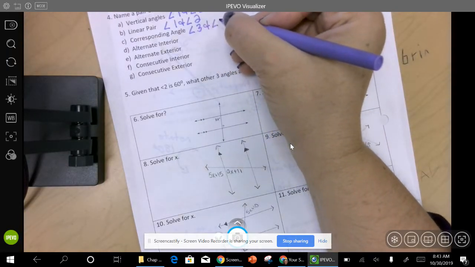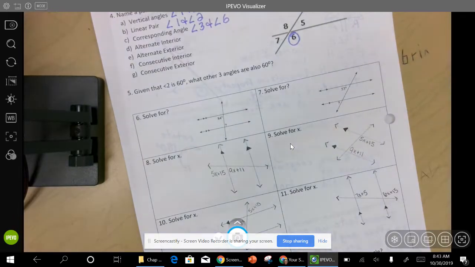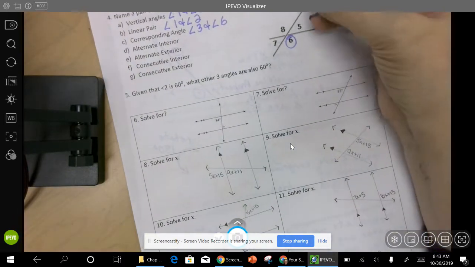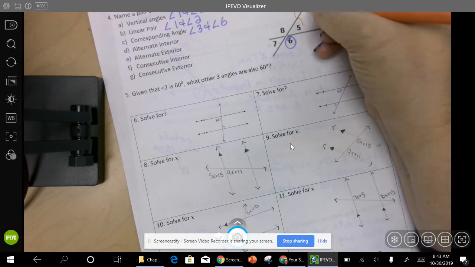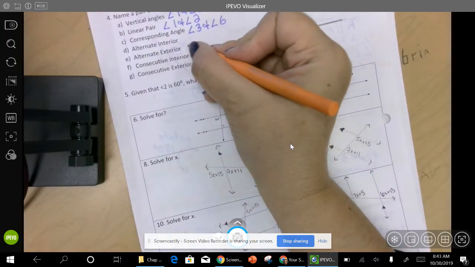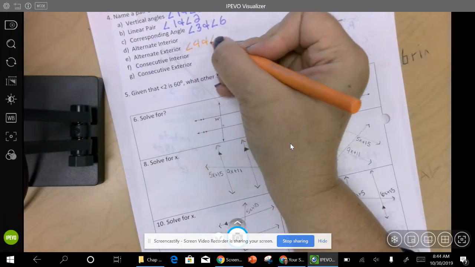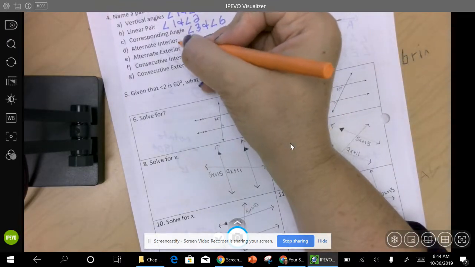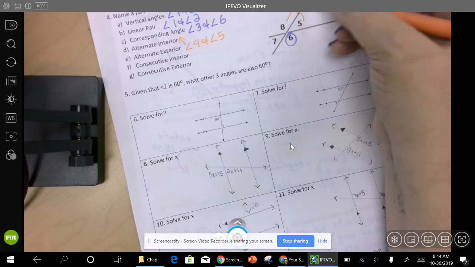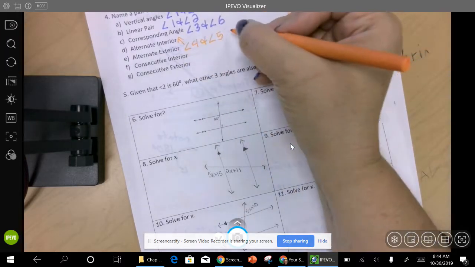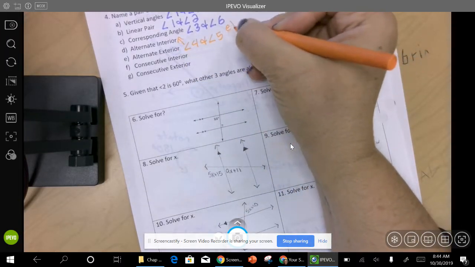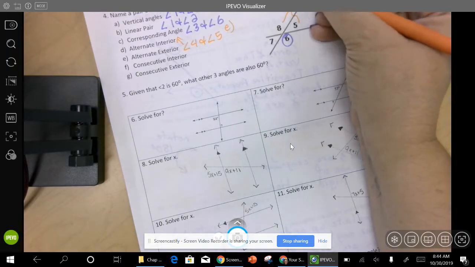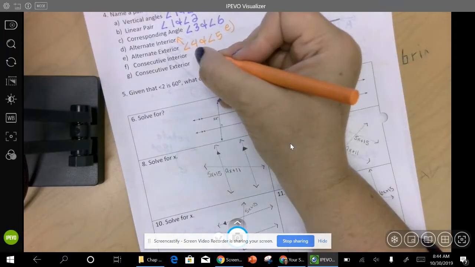Corresponding angles are congruent. Alternate interior means alternate inside. So we have angle 4 and angle 5 are alternate interior, and also angle 8 and 3. Alternate exterior: angle 1 and angle 6.